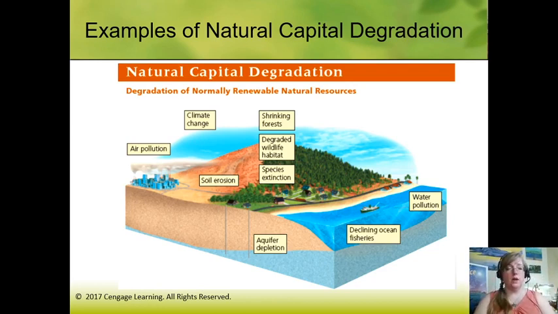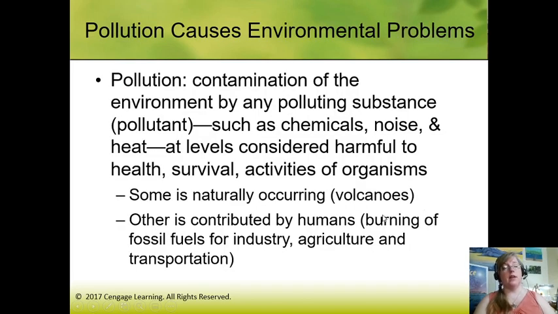All right, so some of the degradation of the resources: we have air pollution, climate change, shrinking forests, degraded natural wildlife habitat, species extinction, soil erosion, aquifer depletion. Do you guys remember what an aquifer is? It's an underground storage place for water that we can drill into for wells and such. Okay, aquifer depletion, declining ocean fisheries, water pollution, all of those things are degrading our capital.